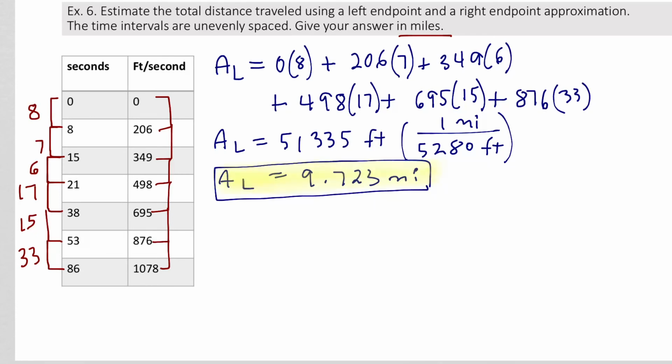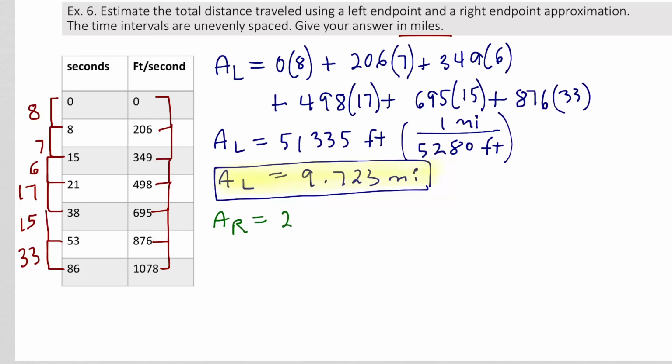All right, now let's use the right endpoint. So this time I'm not going to use 0 for my f of x. That's my left endpoint. I'm going to use my right endpoint for the first interval. That would be 206.